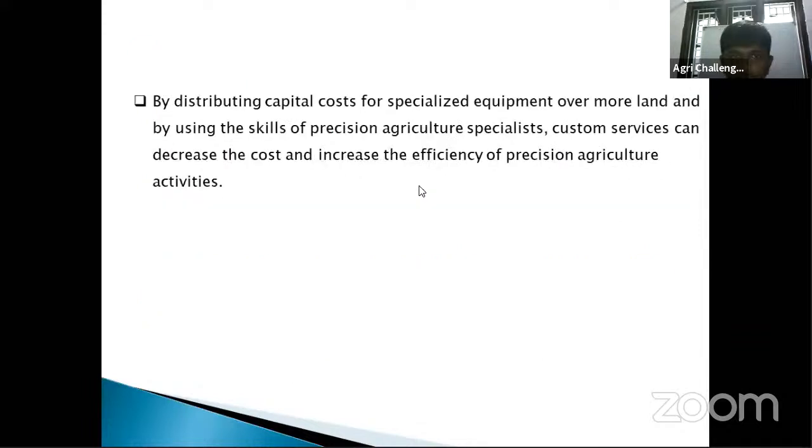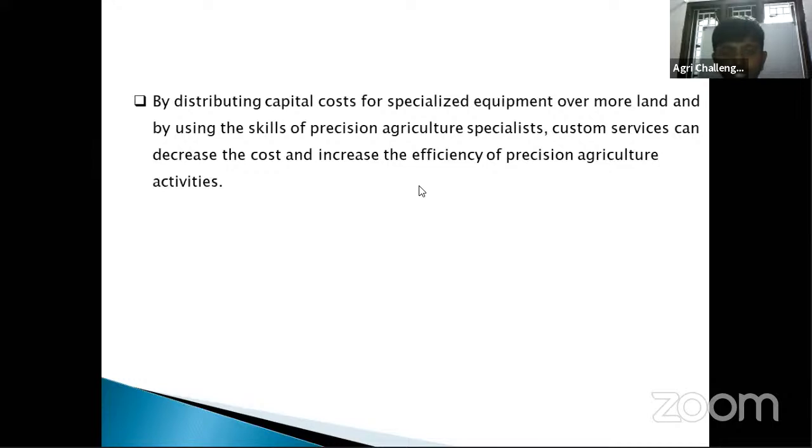By distributing capital cost for specialized equipment over more land and by using the skills of precision agriculture specialists, the custom service providers also have technicians or scientists, subject matter specialists of precision farming.